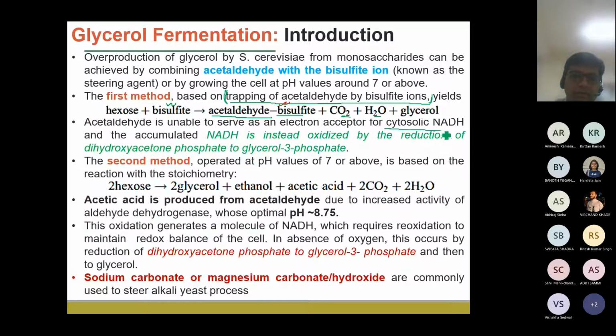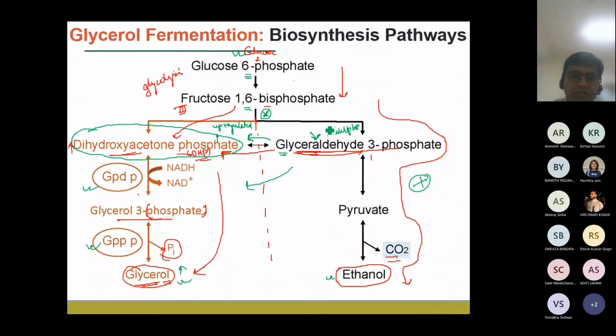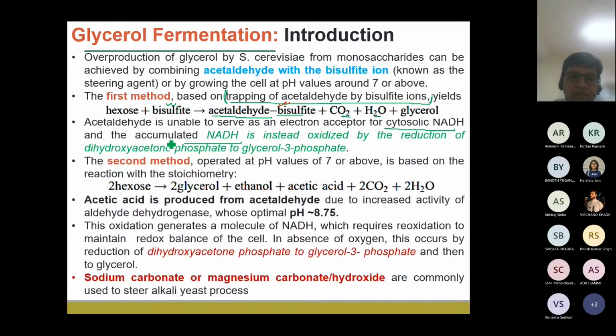It is carried out with cytosolic NADH. How is it catalyzed? It is catalyzed by the accumulated NADH present in the fermentation. So the presence of bisulfite ions during the fermentation process helps in the conversion of glyceraldehyde 3-phosphate to dihydroxyacetone phosphate. This is one of the approaches through which it is done.